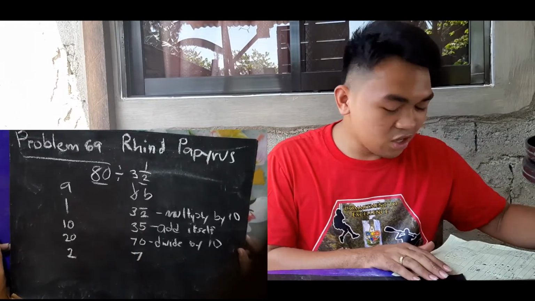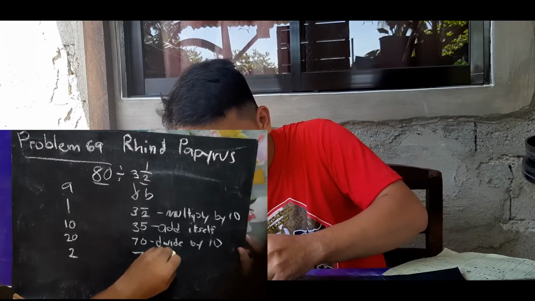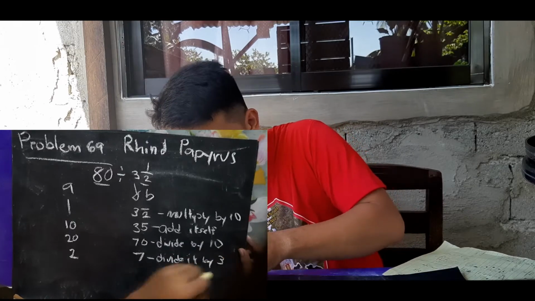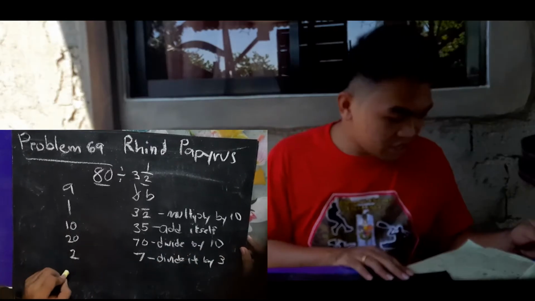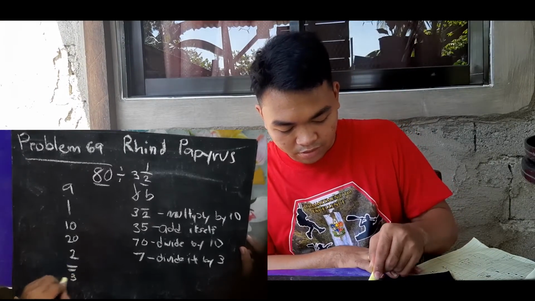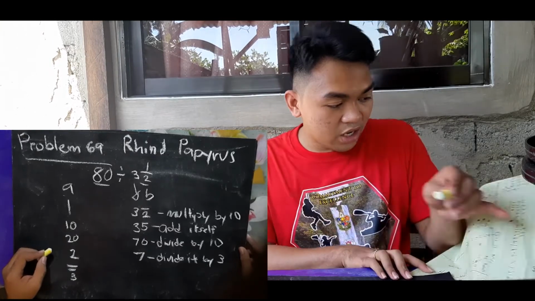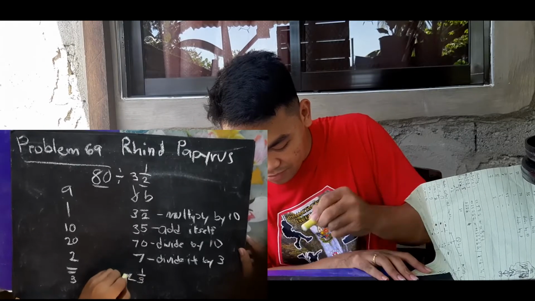Next, we should divide it by 3. So 2 divided by 3 is 2/3. So this is the 2/3. And then 7 divided by 3 is 2 and 1/3.